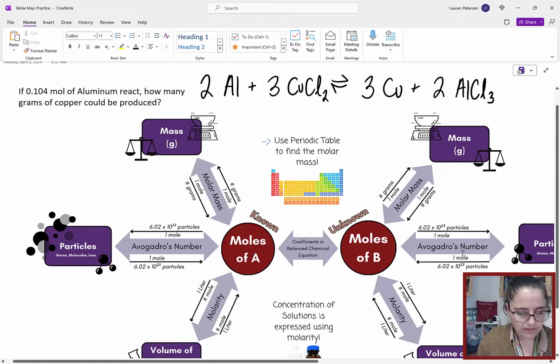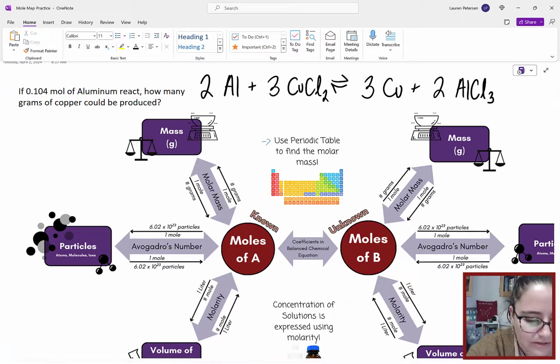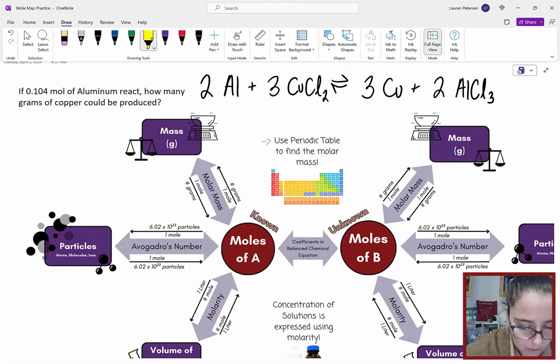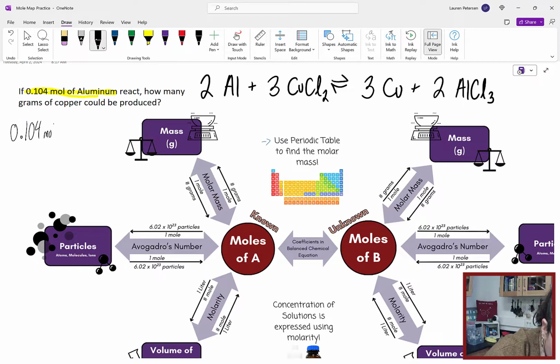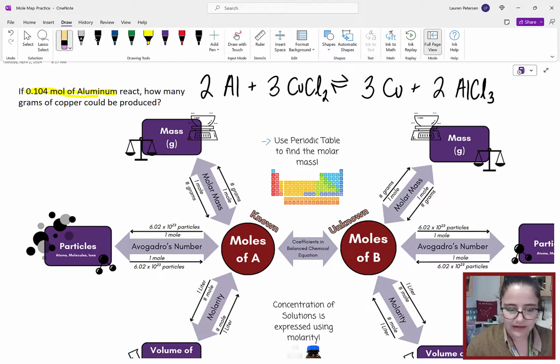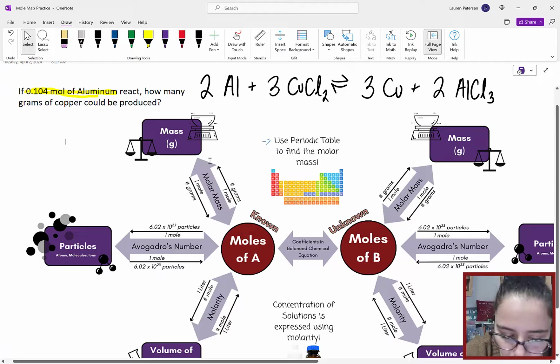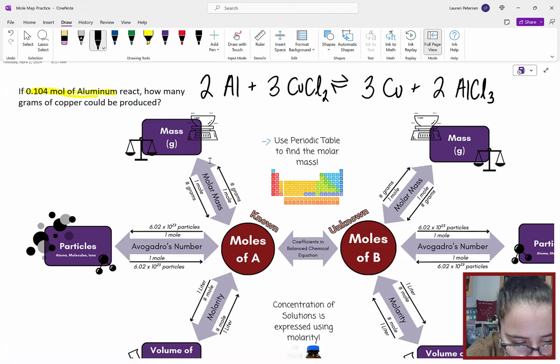Okay, well, we are now starting at moles. Moles of aluminum is going to be our known. We got 0.104 moles of aluminum. And since this is going to be a 2-step problem, I'm going to need a little bit more room, so I'll go ahead and do it in this middle area here.